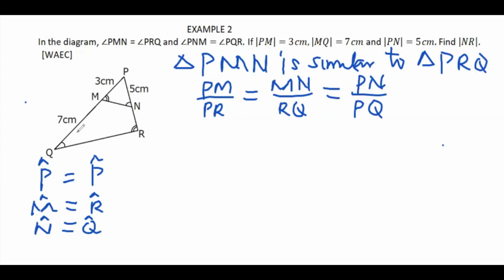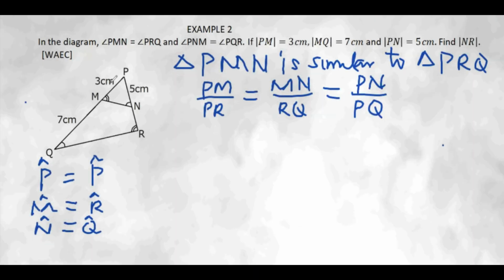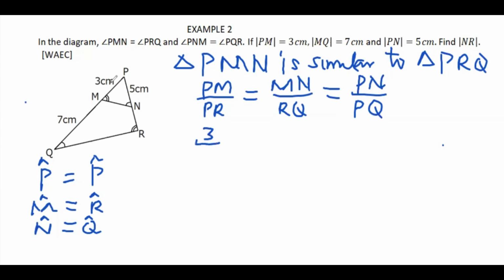You go back to the diagram, substitute the available or given values. What is PM? Are we given? Yes, that is 3 over PR. Do we know PR? P to R is 5 plus NR. PN is 5, NR is not known. That's what we have to find. That is 5 plus NR, equals. Are we given MN?